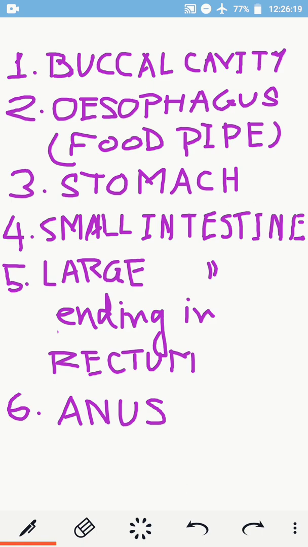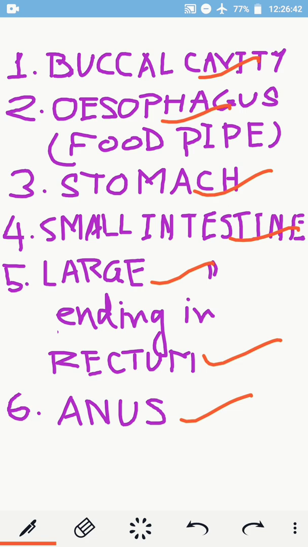First, buccal cavity, esophagus or food pipe, stomach a bag-like structure, small intestine a large coiled structure. Large intestine is also a coiled tube ending in a small bag-like structure called rectum. Anus is the other opening. So starting from mouth to anus, it is actually a long tube which has taken different shapes at different places. And this is called alimentary canal.